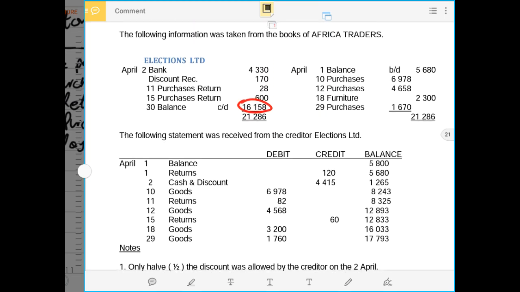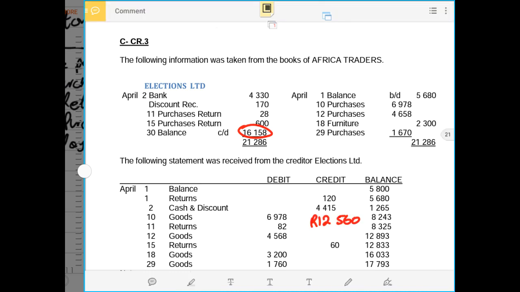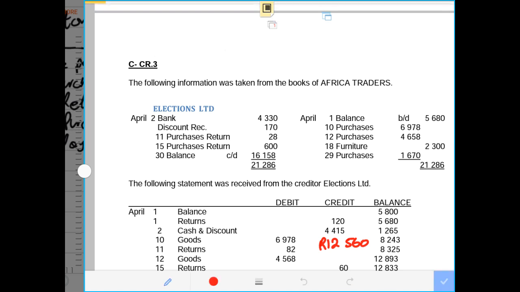Okay, so now we say on the credit side, I'm still explaining the same thing. They recorded 12,560 on the credit side. And I said, first of all, to correct an error, be able to convert the error into the creditor's ledger account perspective.